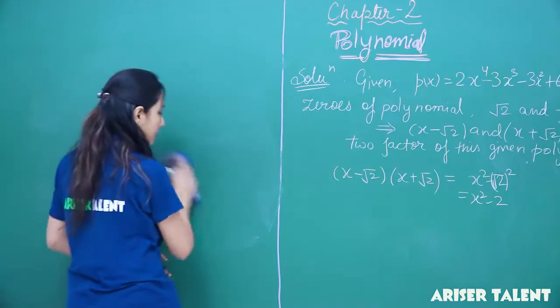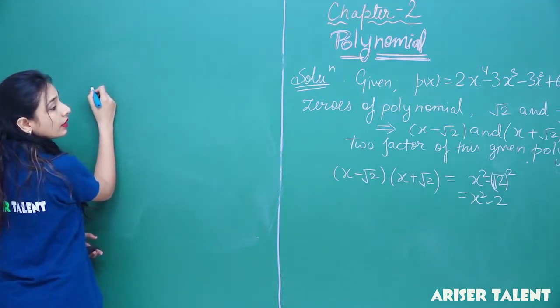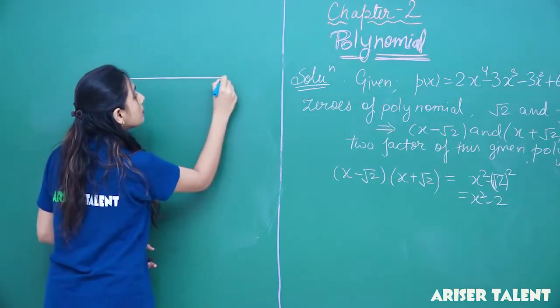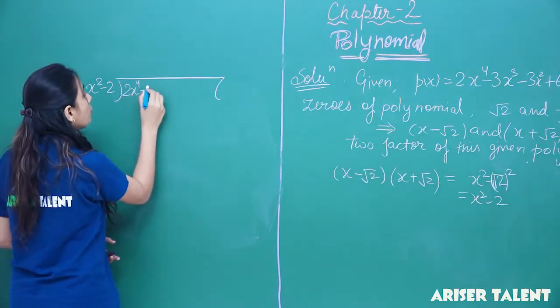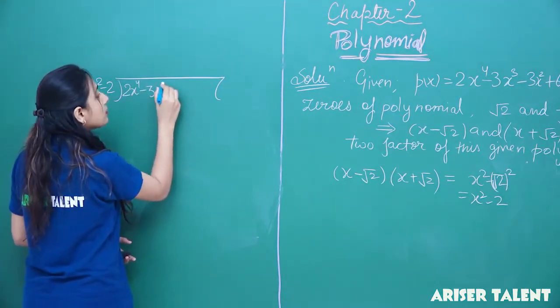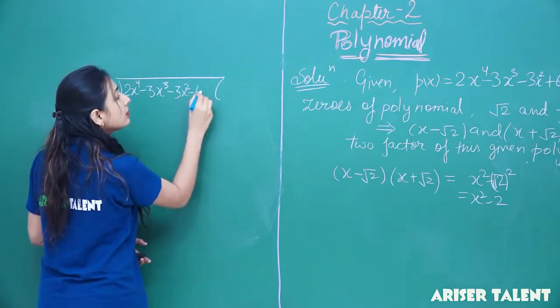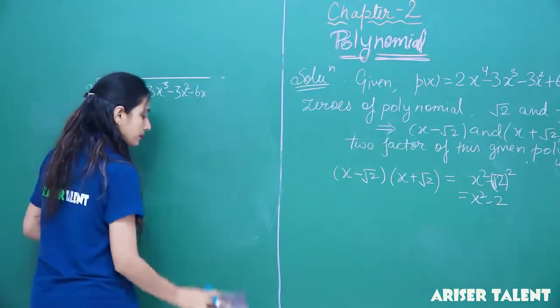Let's write it in a more manageable form. x square minus 2, 2x to the power 4 minus 3x cube minus 3x square plus 6x minus of 2.